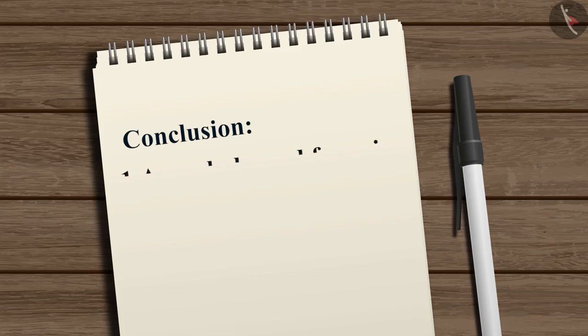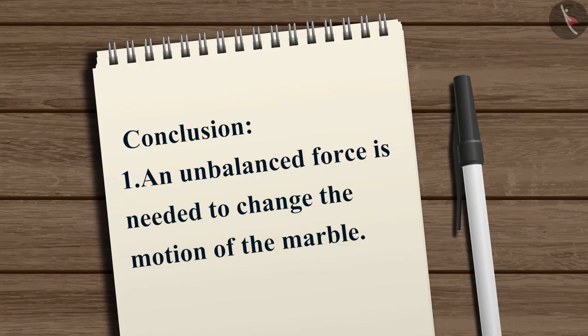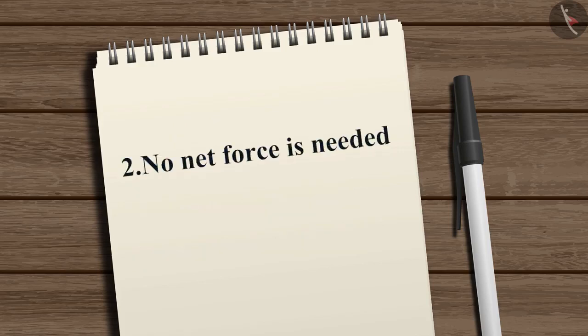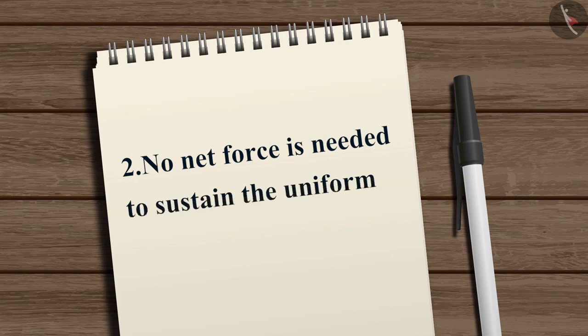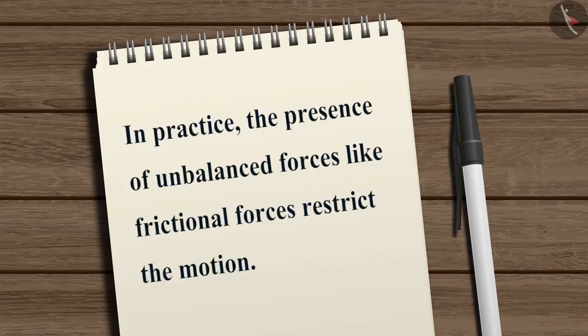Hence, we can say an unbalanced force is needed to change the motion of the marble, but no net force is needed to sustain the uniform motion of the marble. Here, we have assumed that no external unbalanced force is present. However, in practice, the presence of unbalanced forces like frictional forces restricts the motion of the marble.